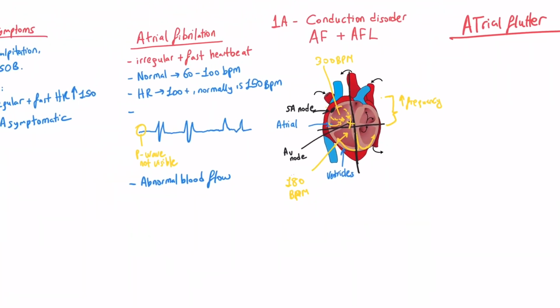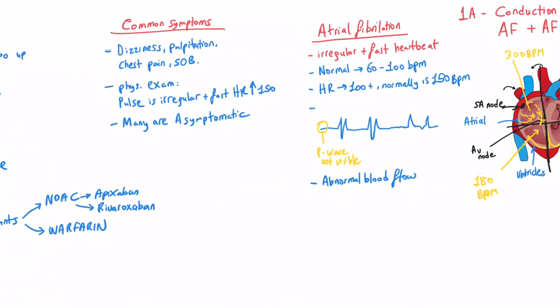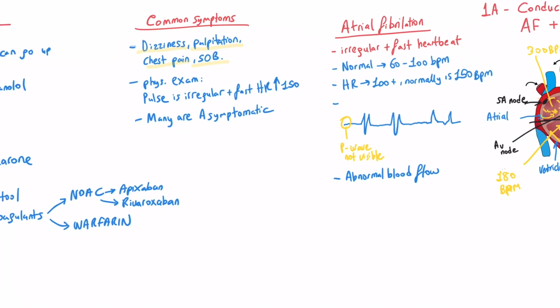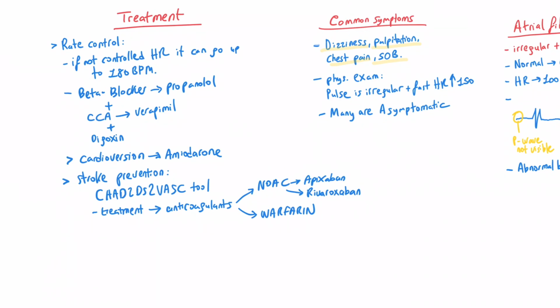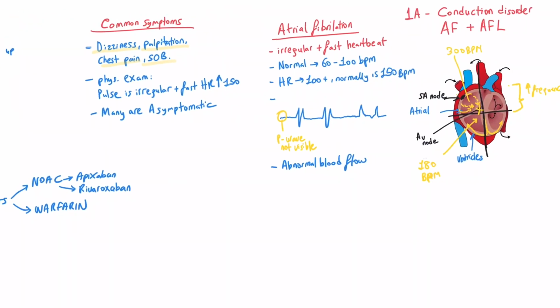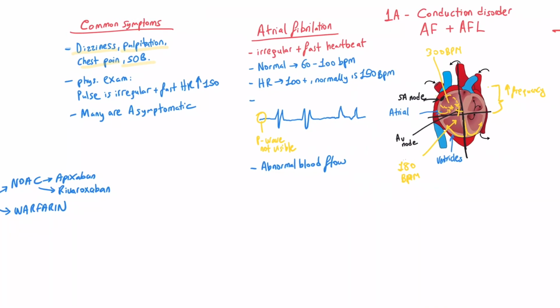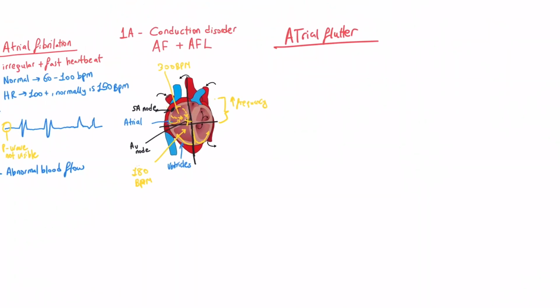So if we go back to this illustration, the patient will still present with dizziness, palpitations, chest pain, and shortness of breath. Physical examination is all the same. Like before, some of them are asymptomatic. Treatment revolves around rate control, cardioversion, and stroke prevention. So what's the one final difference?